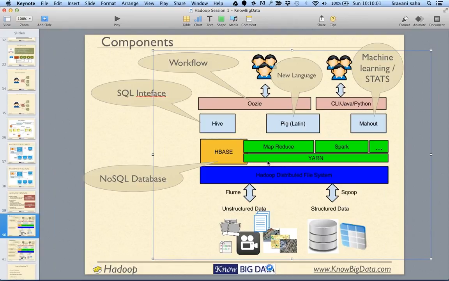YARN is the architecture which makes it possible to execute any code onto multiple machines. YARN is the architecture which makes it possible to run your code, your instructions, onto multiple machines. Right? On top of YARN, you have MapReduce and you have Spark.